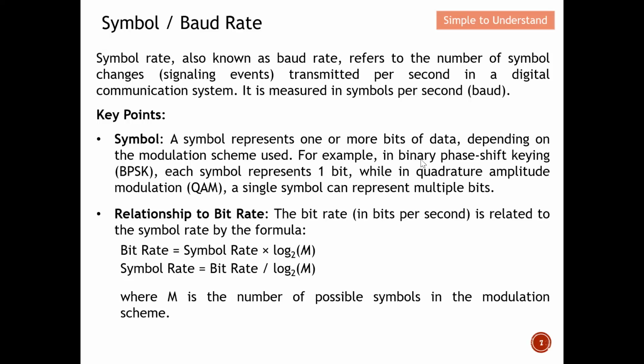For example, in binary BPSK, each symbol represents 1 bit, while in QAM, a single symbol can represent multiple bits. If you want to know more about this, you can look at the playlist to understand it better. For now, I'm not going to concentrate on this, but I just want to quickly explain what a symbol or baud rate is.